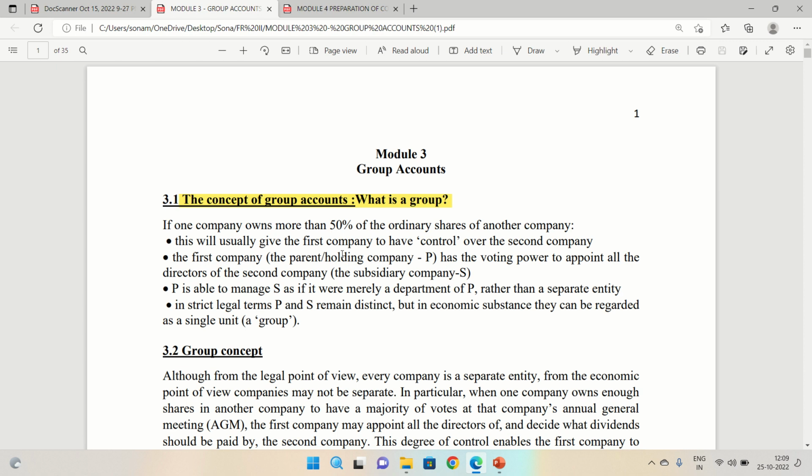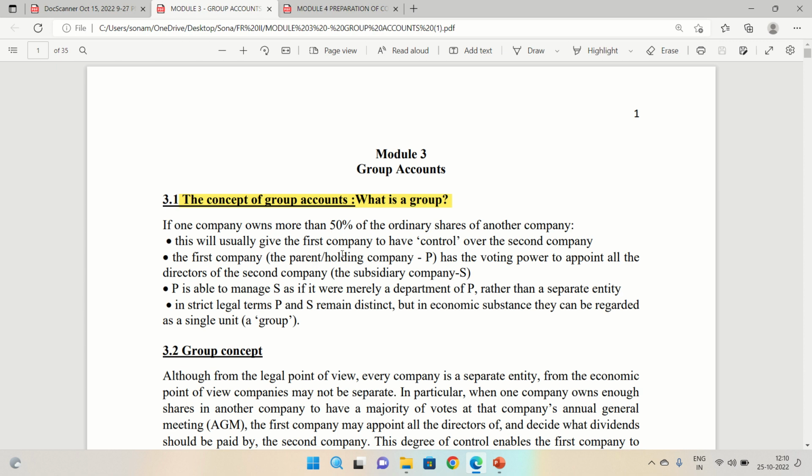When we talk about this parent company and subsidiary company, remember that both these companies have their own separate legal entity. Both these companies are individual entities on their own. But when they come into a group, there are some points to be noted.